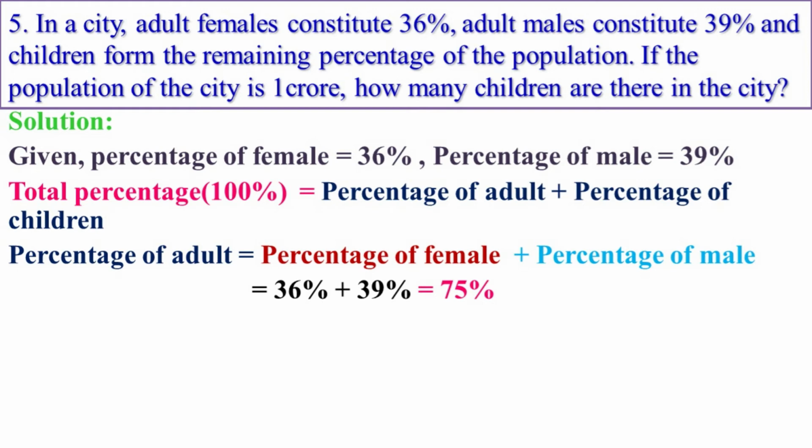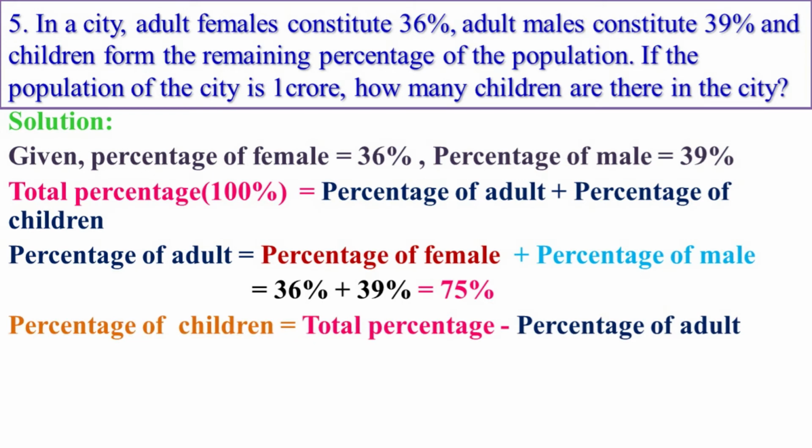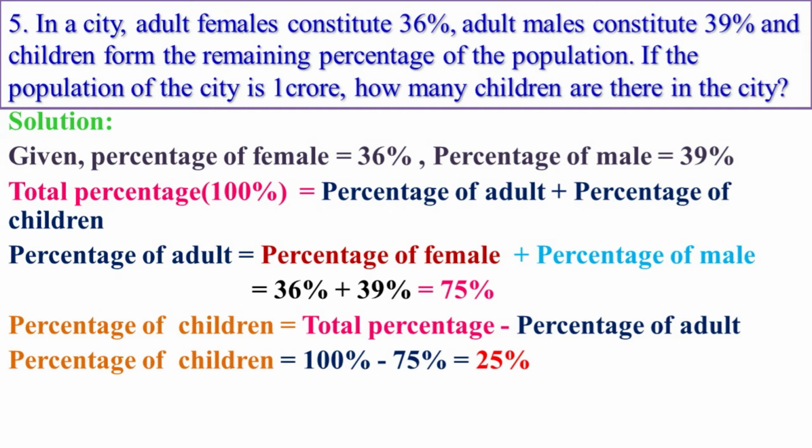So, we can substitute this 75% in total percentage equals percentage of adult plus percentage of children, and then we can find the percentage of children. It will be easy. Now, percentage of children is equal to total percentage minus percentage of adult. Subtracting 100 minus 75, we get 25%. Percentage of children in the city is 25%.